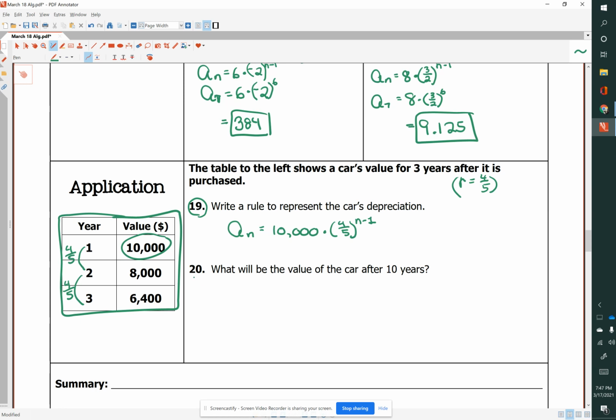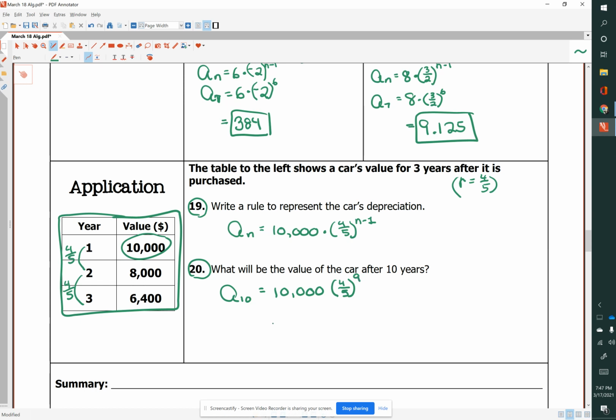And the value of the car after 10 years, let's figure that out. Our term that we want to find is the 10th term of the sequence. So we're going to make that A sub 10 equals 10,000 multiplied by 4/5, and then we have that n minus 1. 10 minus 1 is 9.